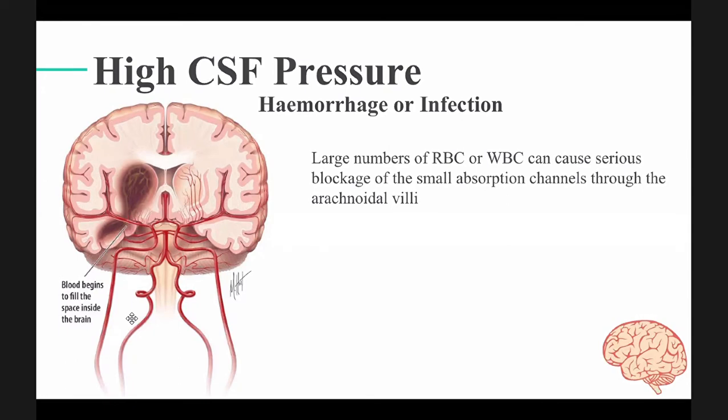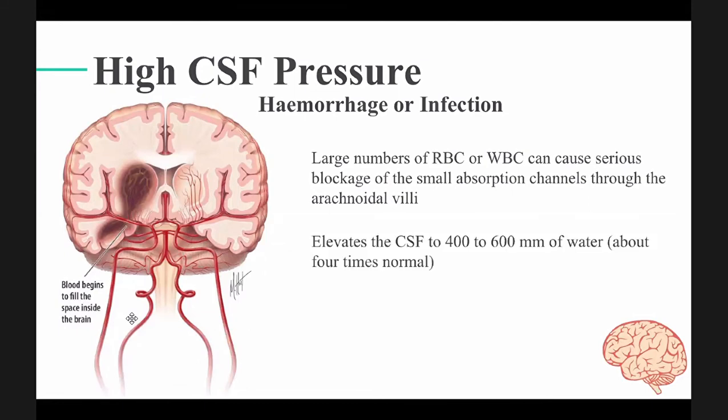So the reabsorption is also affected, and it would also result in an increase in CSF volume and pressure. Either if the arachnoid villi is obstructed by red blood cells, or because of an inflammatory process or fibrosis, the CSF would elevate up to 400 to 600 millimeters of water, which is also about 4 times the normal level.